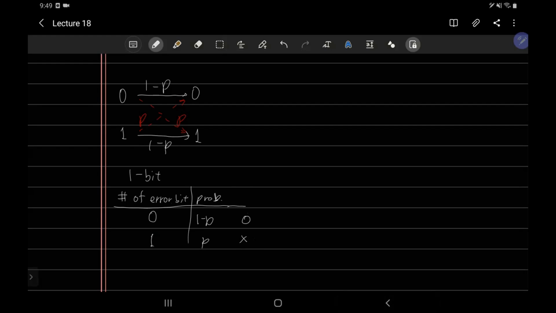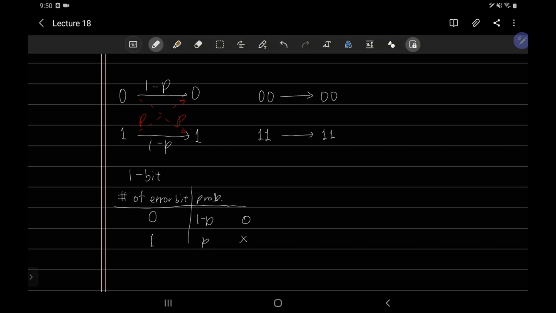Then, if we want to improve the situation, another option is that instead of transmitting 0 only, what happens if we transmit 0 0 to transmit the 0 information, and then 1 1 to transmit the 1 information? Of course, what we hope is 0 0 will be transmitted as 0 0, and then 1 1 will be transmitted as 1 1.